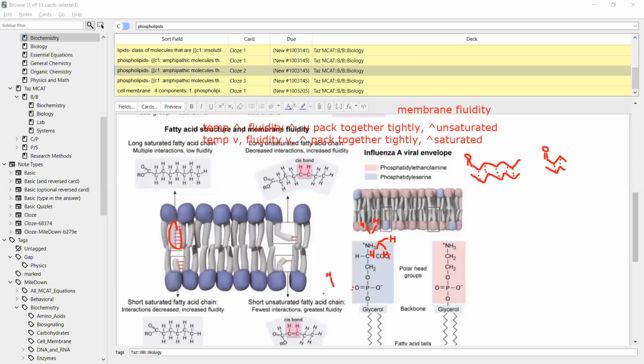So how does that go back to our membrane fluidity discussion, right? If the shorter chains have less bonding to each other, then they are packing together less tightly. If they're packing together less tightly, then it's shorter chains. If they're packing together more tightly, then it's longer chains.